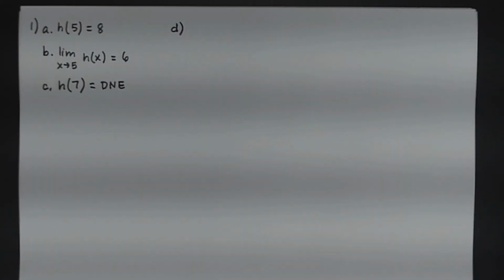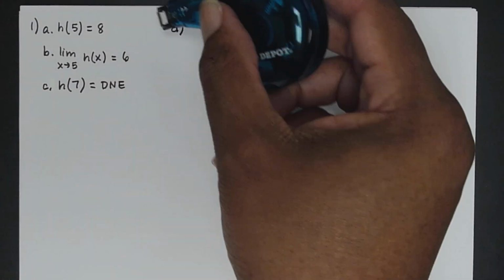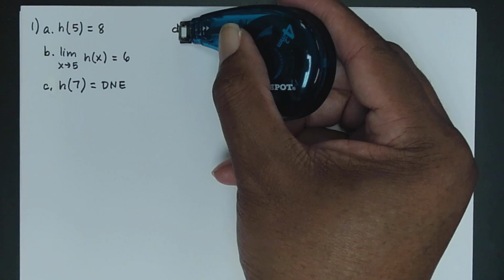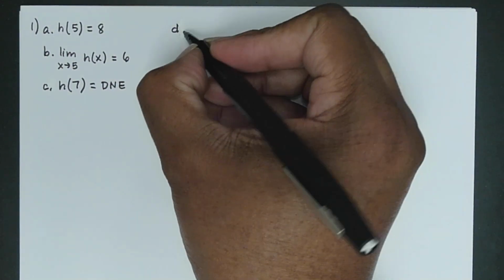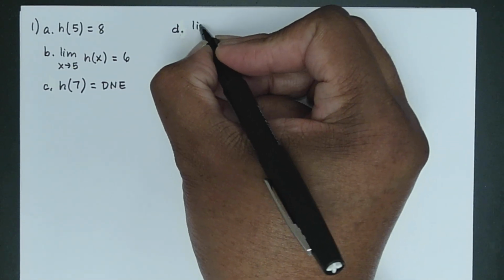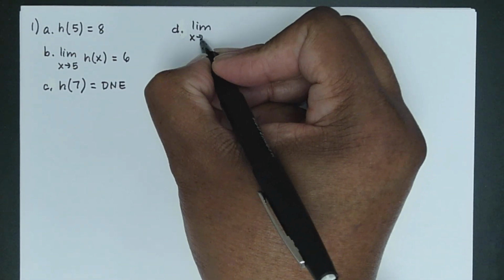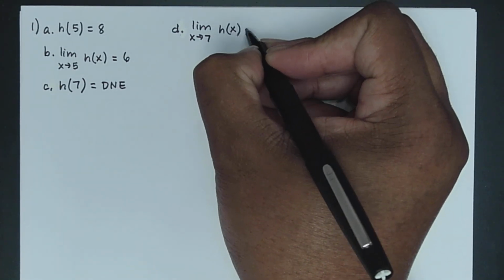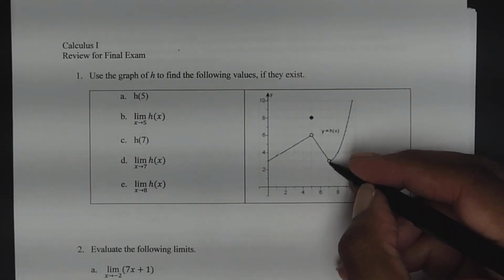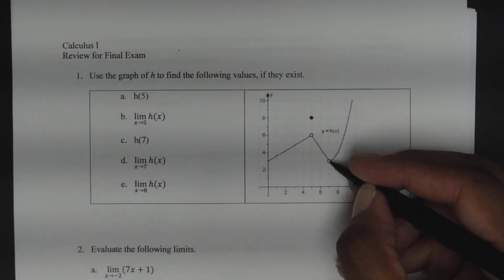And now part D. Part D is the limit as x approaches 7 of h of x. Now we've already established that at 7, the value does not exist due to that empty circle.